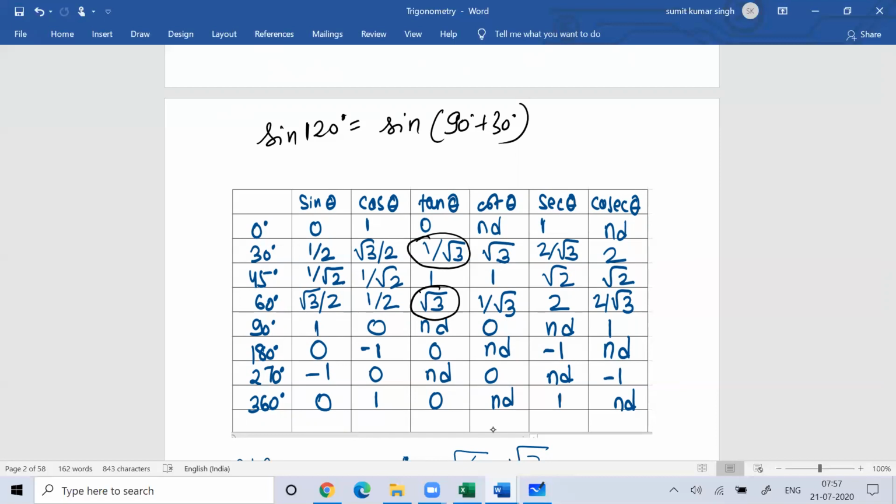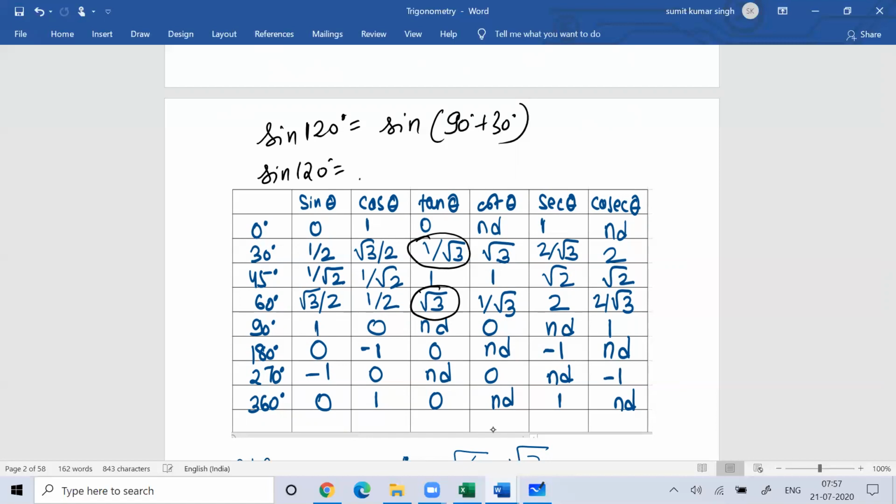So when you are in the second quadrant, two things should come to your mind. The first question: in which quadrant are you? Next, will sine get converted into cos, or will sine remain as sine?